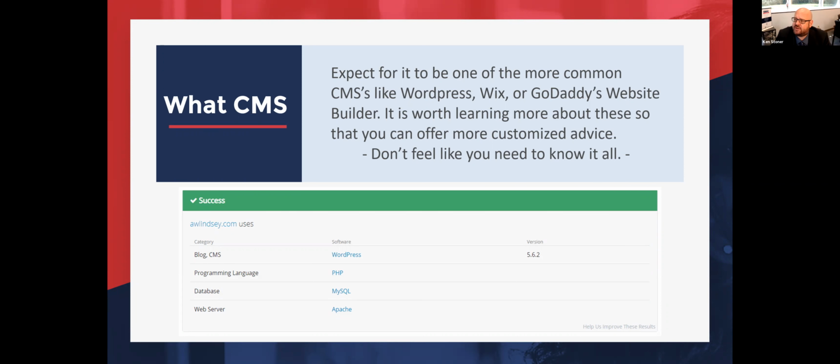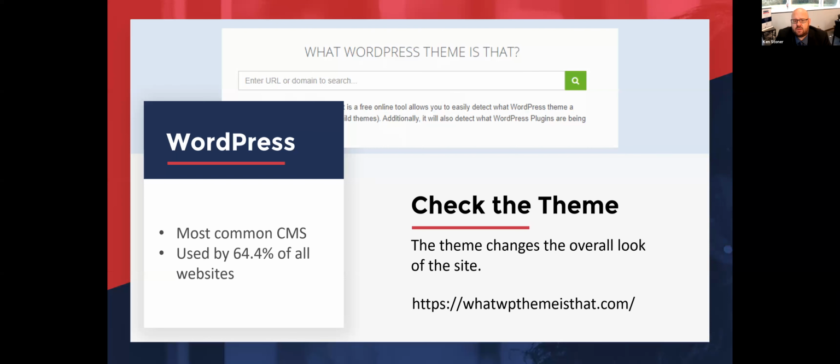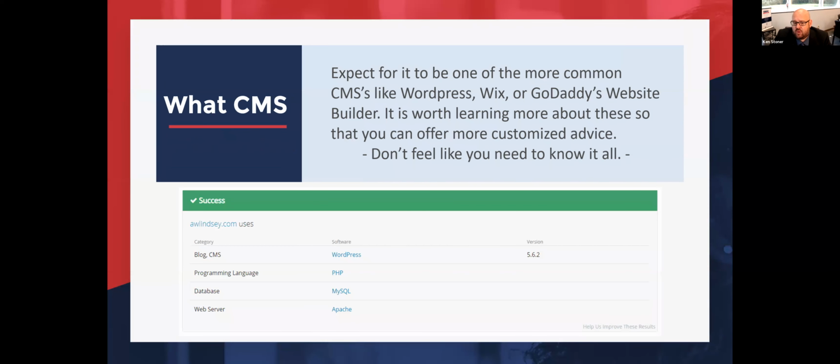And that is probably what you're going to see. I think it's almost 60% of all websites are currently using WordPress. So we're going to focus a little bit on that because it is the most common. So if you know they're using WordPress, actually, let me go back one here, we know what version of WordPress they're using. They're using 5.6.2. Well, 5.8 is the most current version.